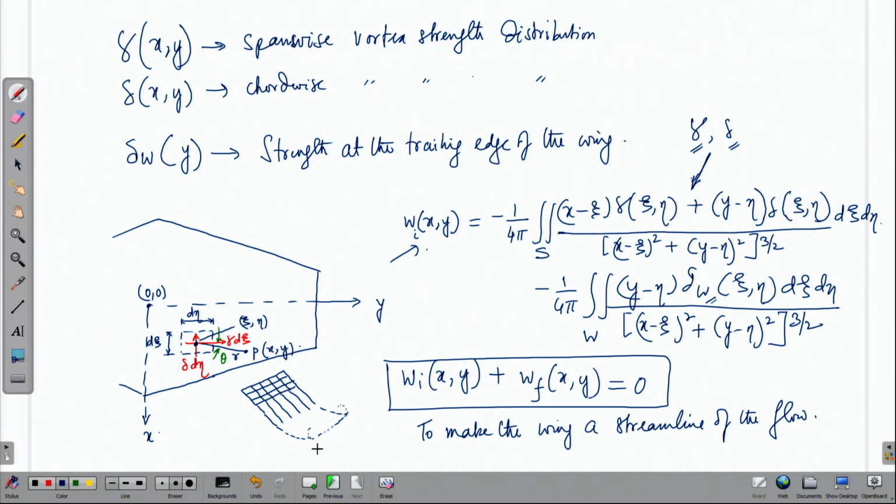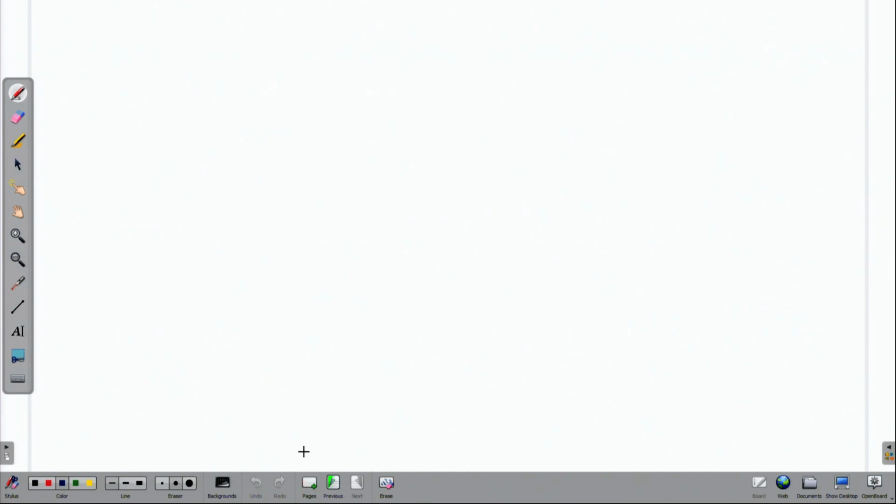So, let us take this mathematical formulation forward in order to accommodate the vortex lattice numerical method, which can help us come up with a numerical solution of this formulation. In order to do that, what is essentially done is that on the wing we try to create panels.